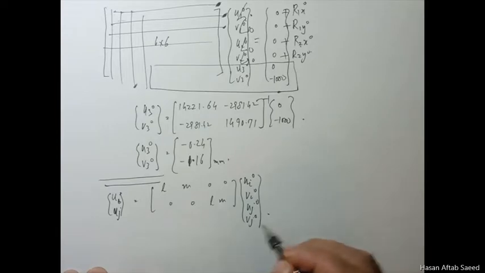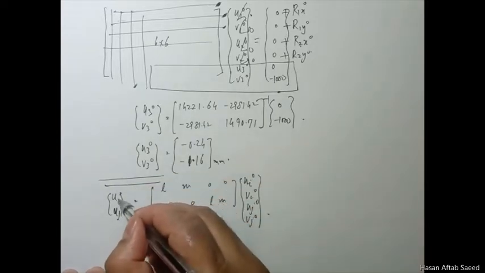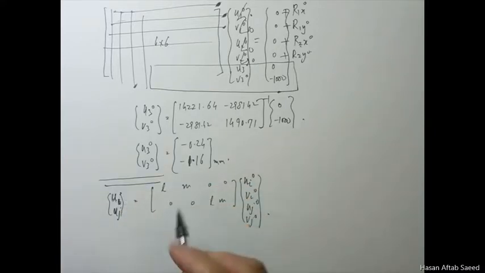This is the formula I'm talking about. Please recall that during our development of the K matrix, we started with this sort of a thing. There was a 4 by 4 and then we took two things out. Please recall that. Now we have to use this for both our elements.